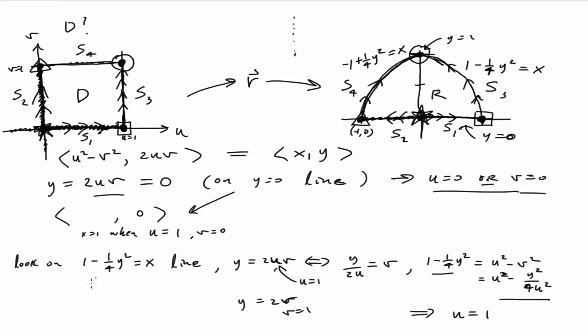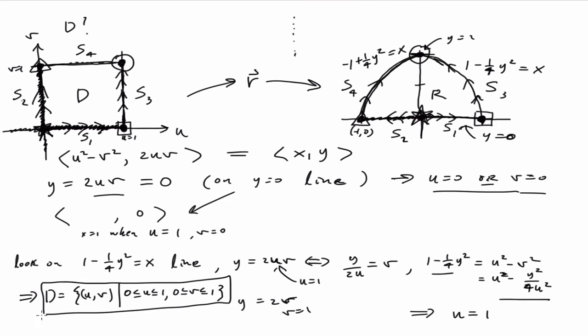I conclude that D is this set in the UV plane, it's just the unit square. Like so. So that's my D. And we have our Jacobian. So now we can start with our integration.